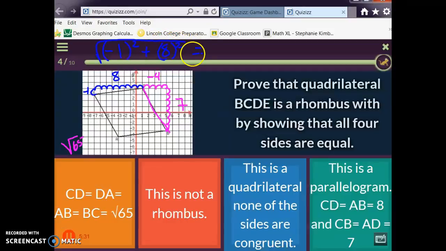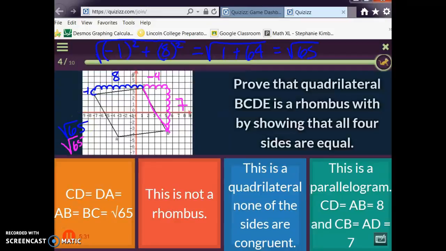What does that give me? 1 plus 64, which is 65. So guess what? I have another length of side that is the square root of 65.